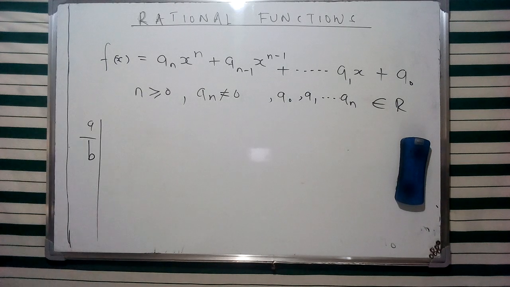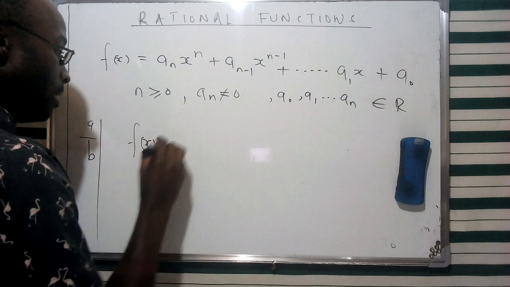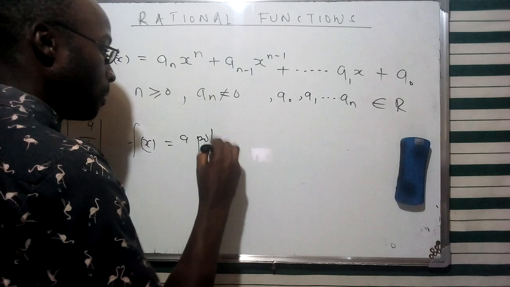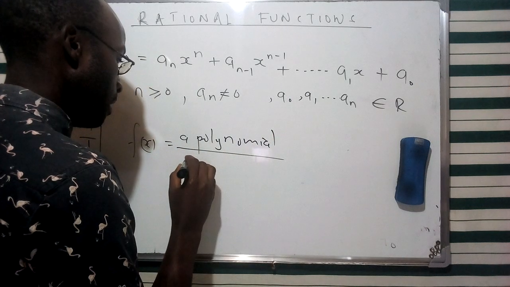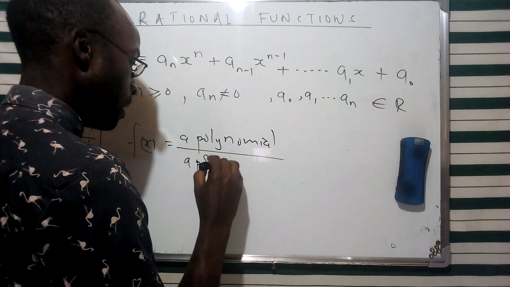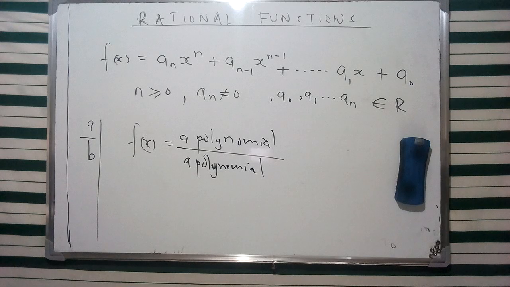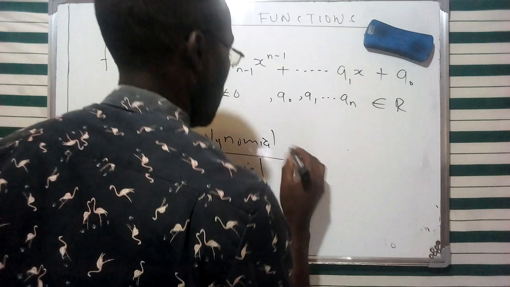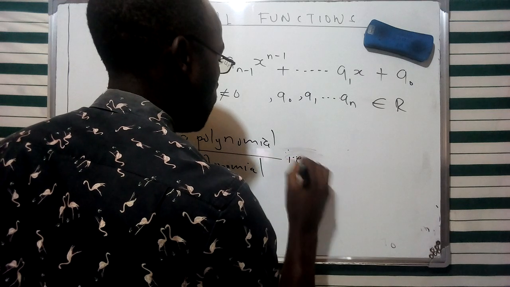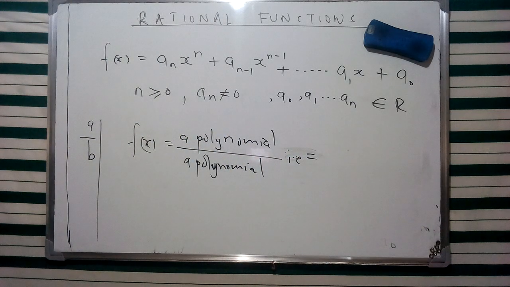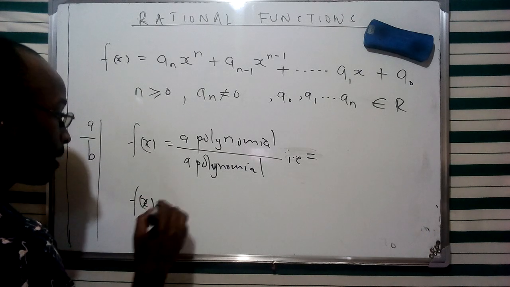Such functions are going to be defined by the formula f of x representing a polynomial over another polynomial, given in this particular order. So if we borrow from the general representation of a polynomial that I've given above, we can express the function f of x as a polynomial.